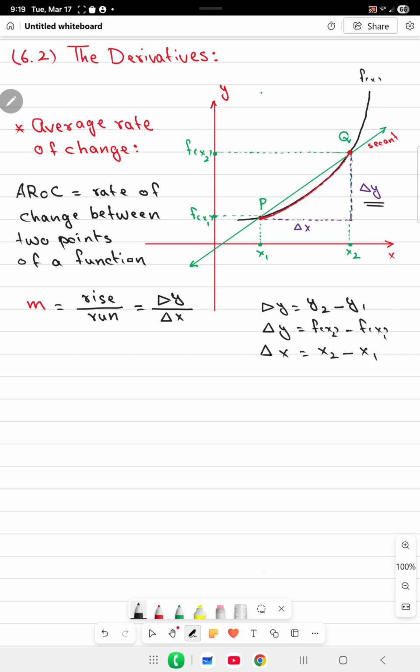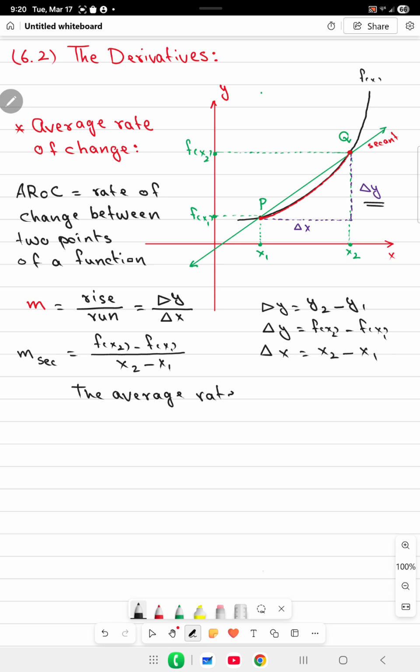If I plug these into my slope formula, then the slope of the secant line will be equal to f of x2 minus f of x1 over x2 minus x1.